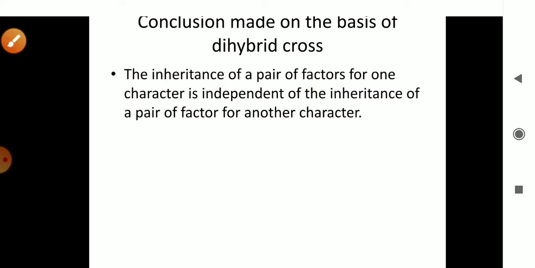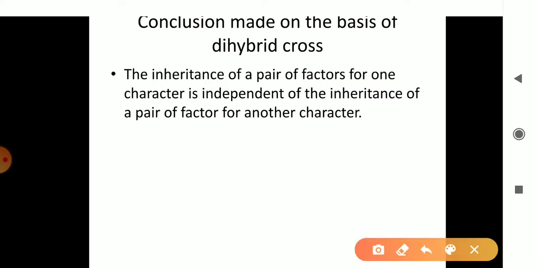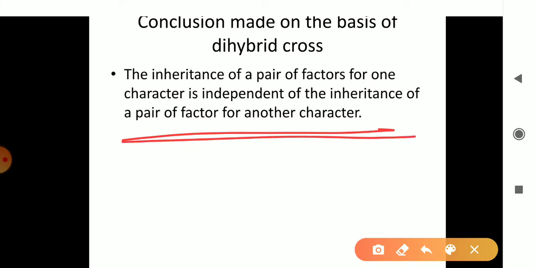According to this, for a particular character, the separation of the factors at gamete formation and their pairing up after fertilization is independent of the pair of factors for another character. This law is what is called the law of independent assortment.